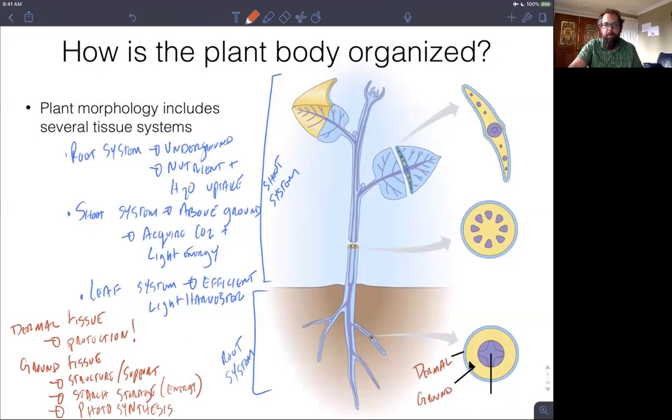All right, the third part is the purple. The third tissue type that we have is the purple throughout here. You'll notice that the purple is responsible for connecting the above ground shoot system and the below ground root system. And this is the vascular tissue. We've already talked a little bit about vascular tissue, and I think we understand what the main roles of vascular tissue are.